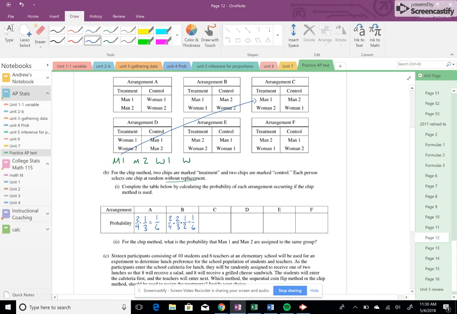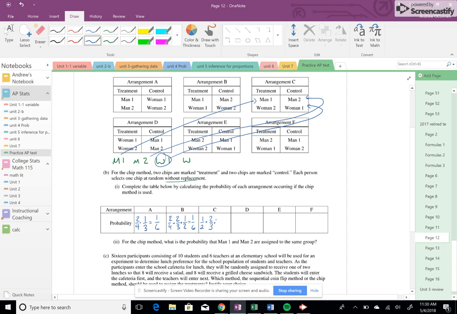Man 1 draws the treatment. He had a 50-50 shot. I'll start writing 1/2 now. Man 2 draws control. That means there were 2 controls left after man 1, and there were 3 total chips that he had to choose from. Woman 1 now draws.